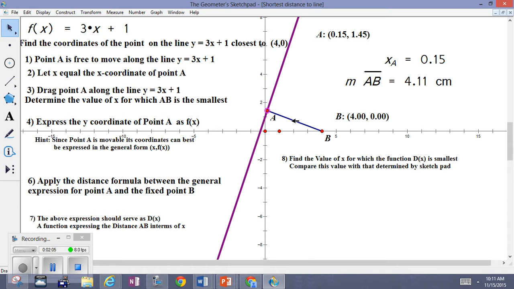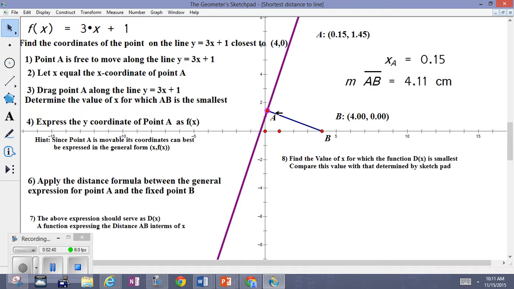Once we have the equation of that line, we could use systems of equations to find the intersection, and then use the distance formula from A to B. This optimization approach is going to streamline this a little for us. It looks like we found this. In Sketchpad we can look at all the infinite possibilities, but only one satisfies that.